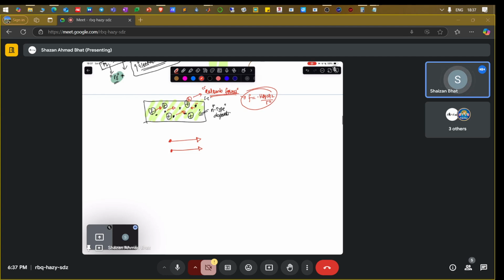Now, because these dopants, these positive ions, are randomly arranged in a crystal, and even if there is certain periodicity, if this is a positive ion and this is a positive ion, and the electron wants to move, there will be scattering. These Coulombic forces come into picture, and there will be attraction of the electrons with the positive ions. So it may go here, then here, then in the other direction.